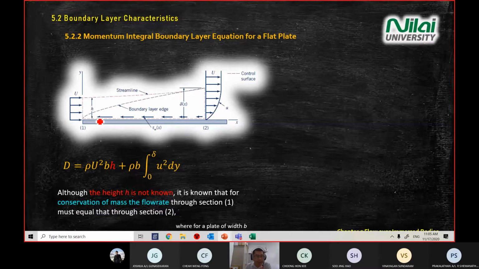Because height is very hard to measure and is unknown, we use the conservation of mass again, which is m dot 1 equals m dot 2. When this becomes incompressible, steady flow, then we can factor out density on both sides. That's why we get Q1 equals Q2. So just make a note. Because H is unknown and we still want to analyze this problem, we use the conservation of mass equation to continue the calculation.